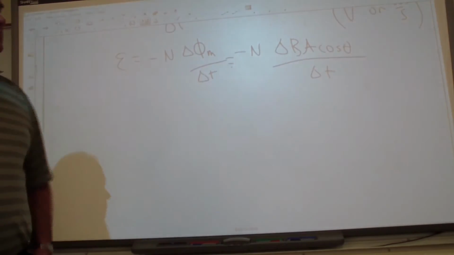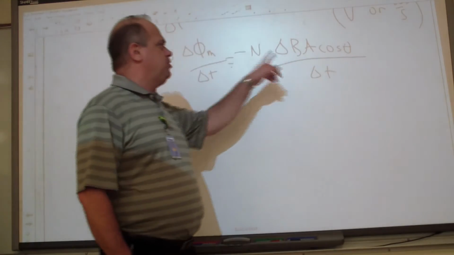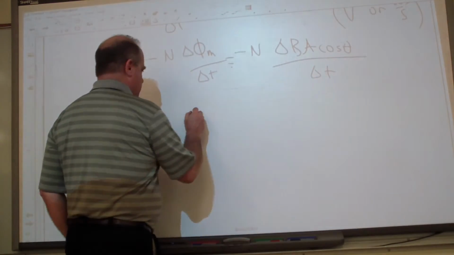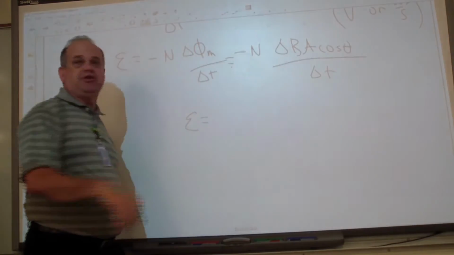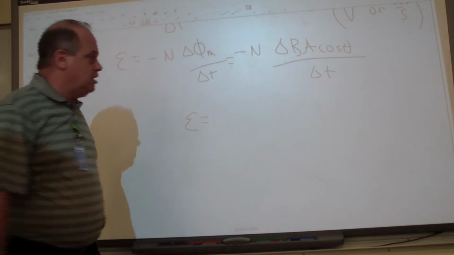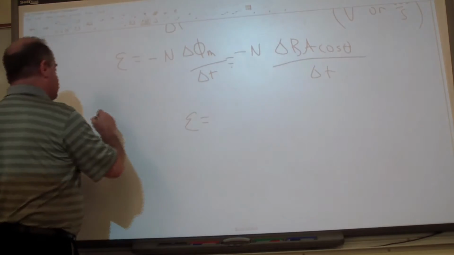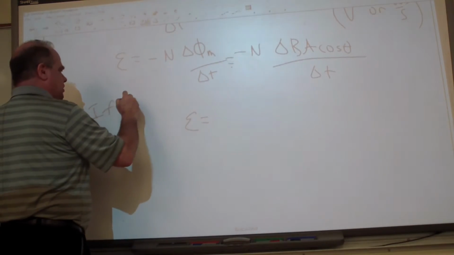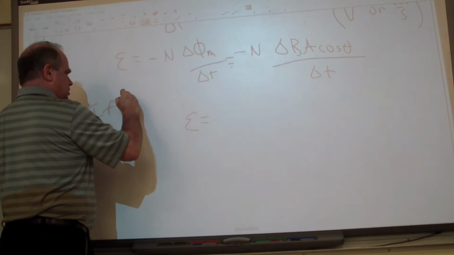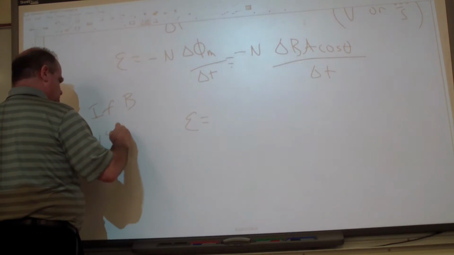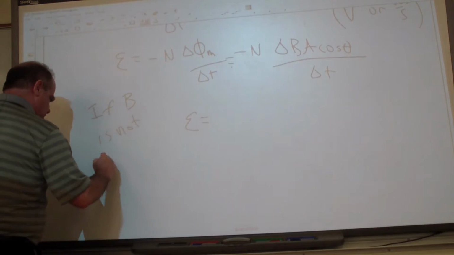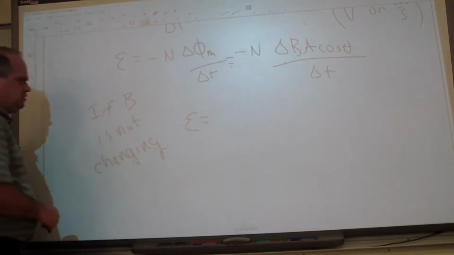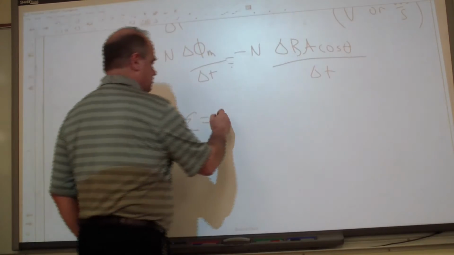Okay. All right, guys, but here's the deal. Let's say your B is changed, but nothing else is changing, okay? Then this would equal this. Whatever is not changing comes outside the delta. Does that make sense? So I'm just going to do, for instance, if B is not changing, then this becomes this.